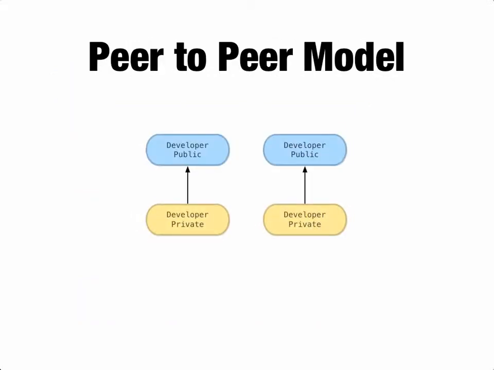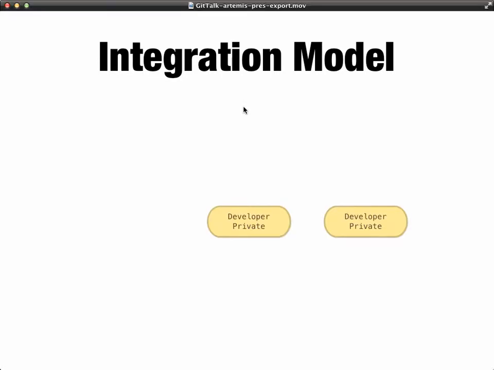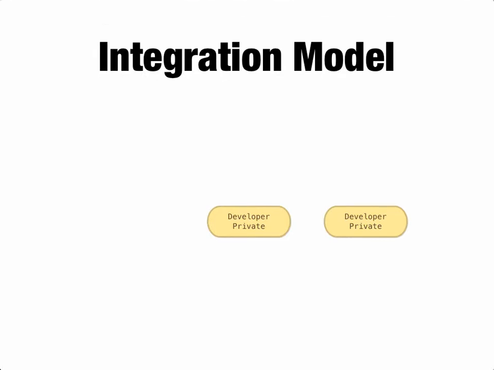Here's another one, peer-to-peer. So each developer has their own private and public repositories, and the way that they interact is that they pull changes from each other's public repositories and merge in that way. The integration model is something you might use when you want some control over your team of developers.